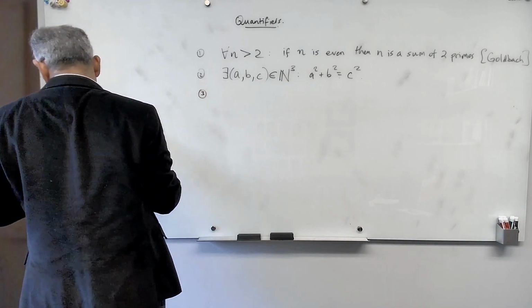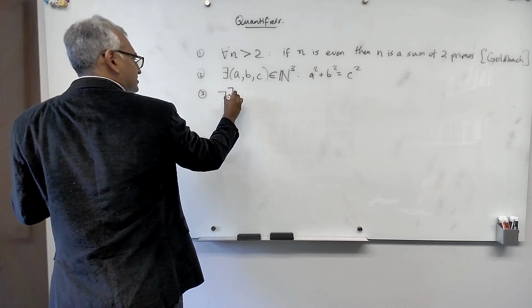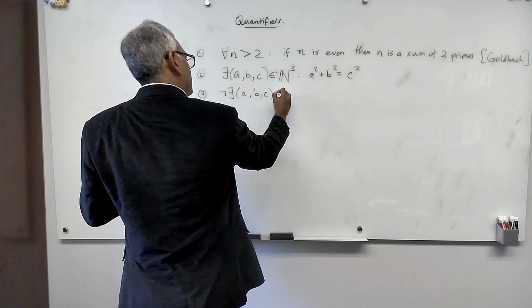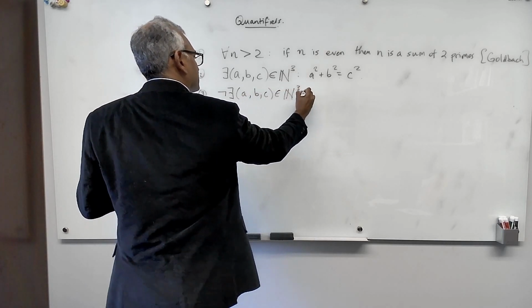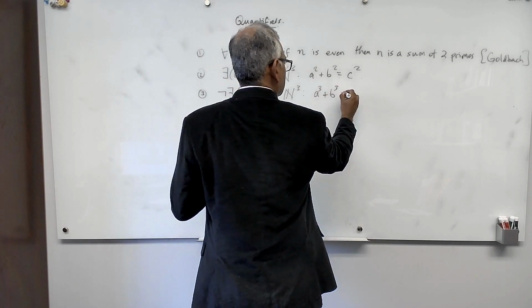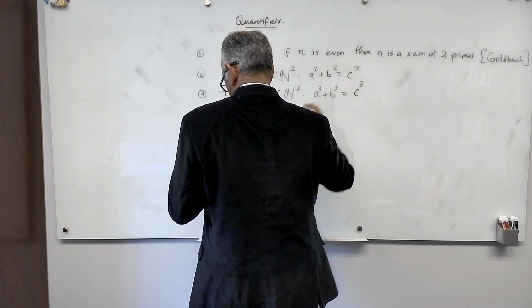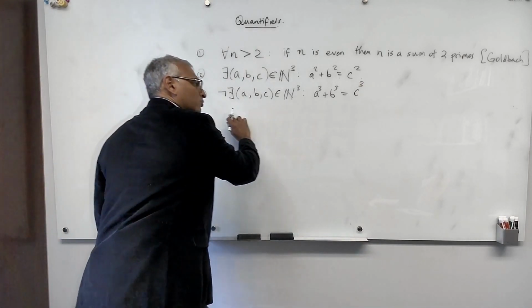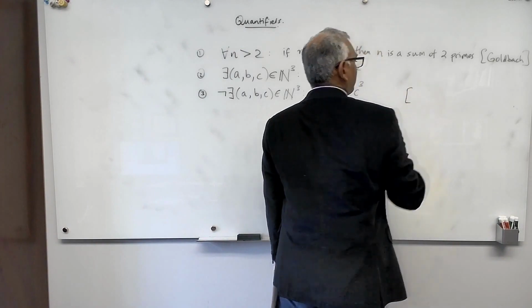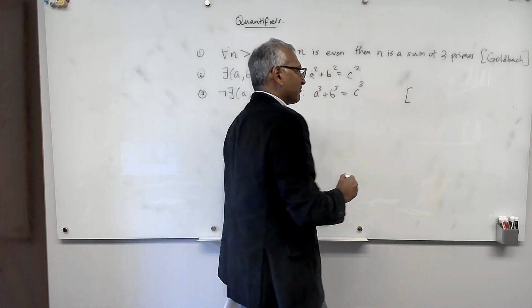3. There does not exist a triple of numbers A, B, and C in n cubed, such that a cubed plus b cubed is equal to c cubed. Think about what it would take to prove this to you. This is related to something that apparently Fermat claimed to have proved.